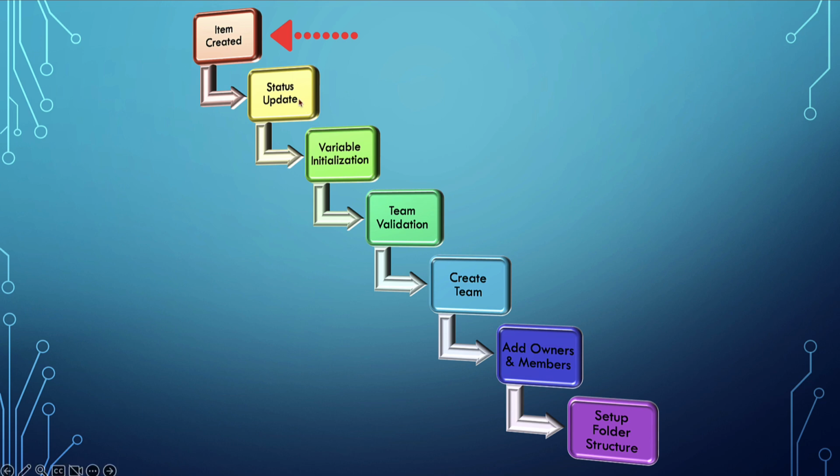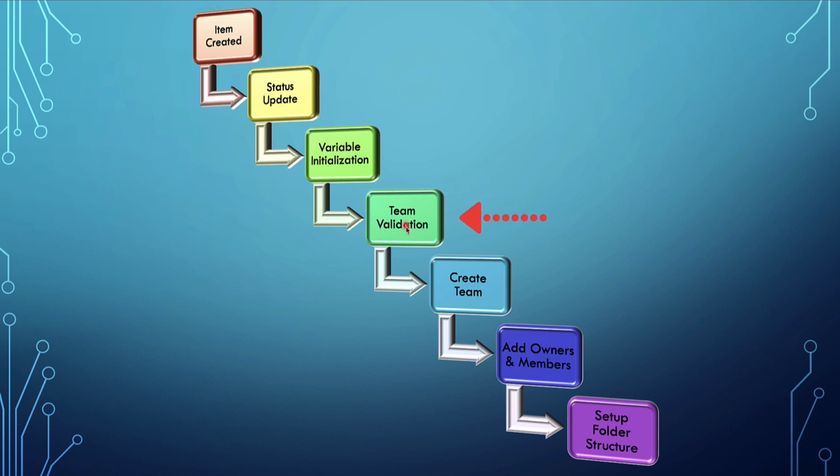Next, once the flow starts, the status will be updated to in progress, and we will be using some variables for storing the team name, the owners, the members, and also the folder structure. Those variables we have to initialize.